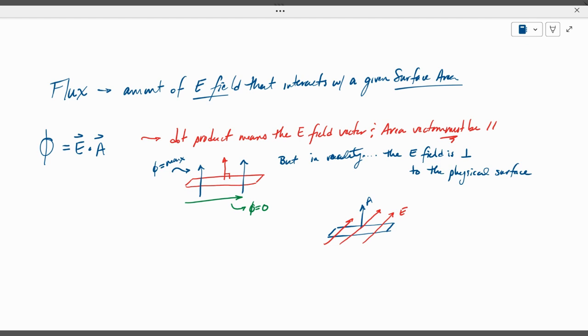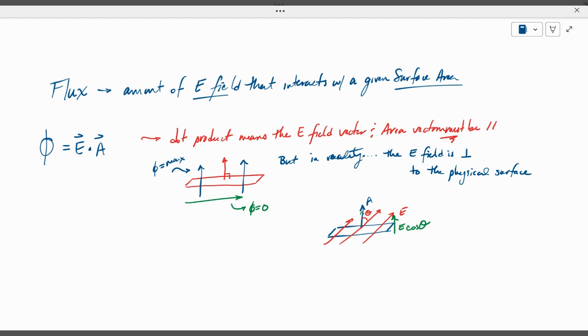Now, if we then look at this and we say this angle here between the electric field vector and the area vector is theta, then the only part that we care about would be this piece right here. And that would then be E cosine theta, because it would be the vertical piece, adjacent to that angle, so we're going to be using cosine.